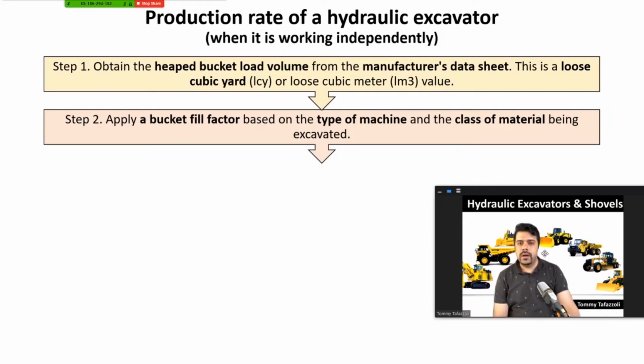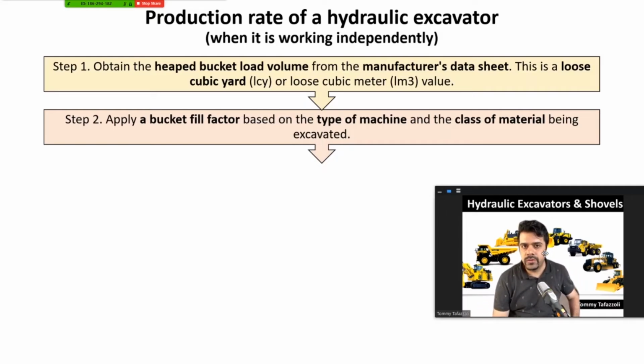So there is a factor called the bucket fill factor. It means what percentage of the bucket could be filled. Is it 100%? Is it less than that? That would depend on the type of the machine and, of course, the type of materials the machine is processing. Obviously, for soft materials and smaller fine grades, the entire bucket can be filled and even heaped.